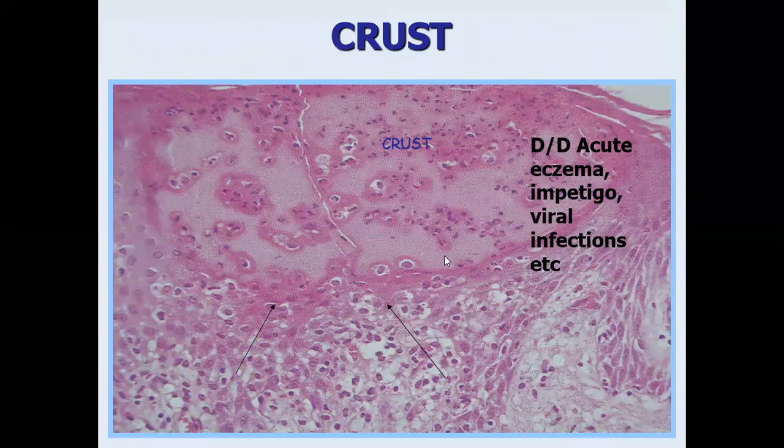This is a crust. Crust comprises serum and neutrophils, and the crust is seen in many conditions in which there is exudate, particularly conditions like eczemas or impetigo, and the exudate then dries and forms a crust, which is mainly comprising serum and neutrophils.